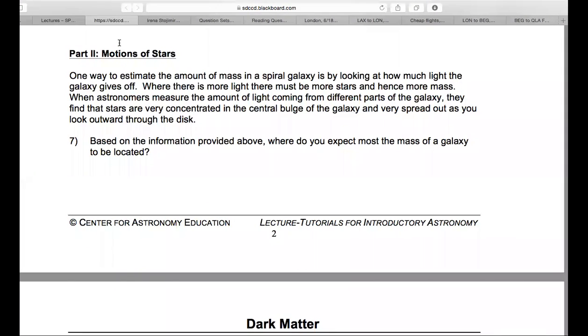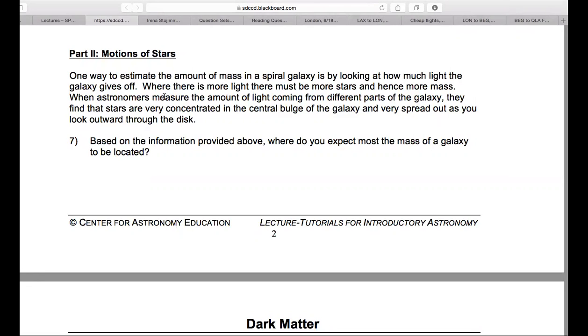Sure. So just by looking at this picture, because for a long time the pictures were what we had, you're looking at this spiral galaxy, and where there is more light, there must be more stars and more mass. We initially thought that all of the mass of the galaxy is inside the gas, dust, and stars.